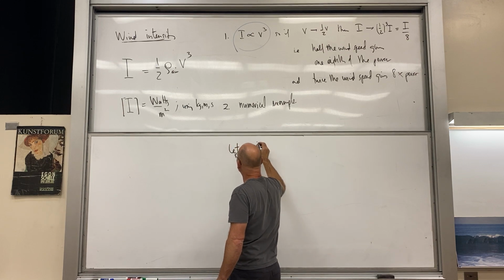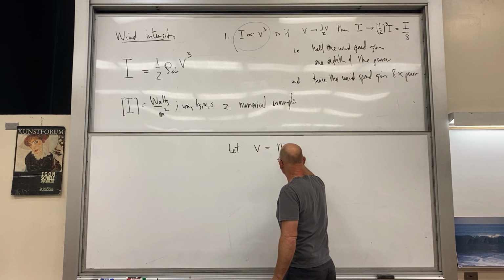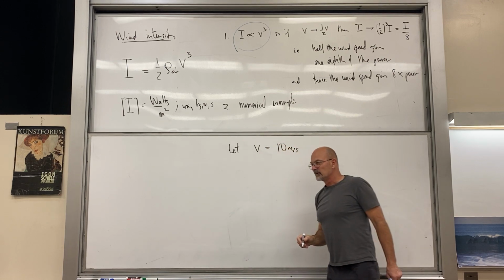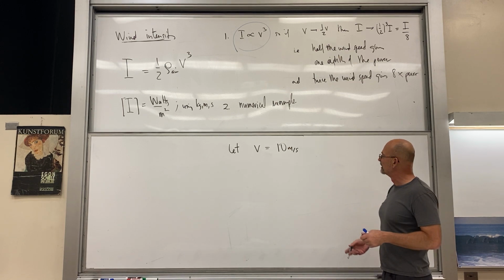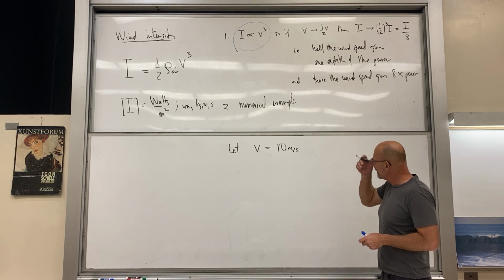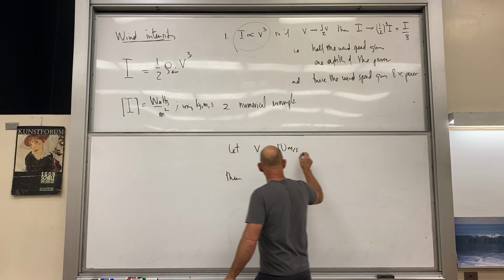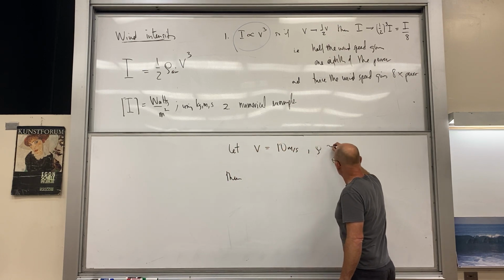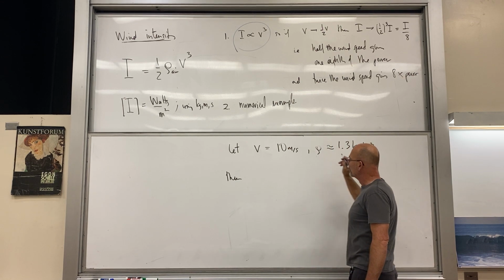Okay. Good. So, having said that, our numerical example, let V, this is quickly done, be 10 meters per second. What is that, about 25 miles per hour? Okay, so that's a decent breeze. So let V be 10 meters per second. And of course we said the density is approximately 1.3 kilograms per cubic meter.